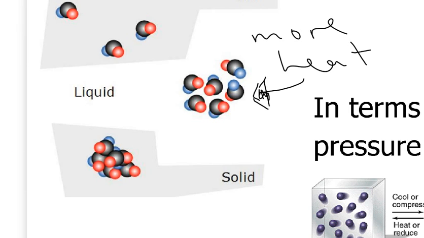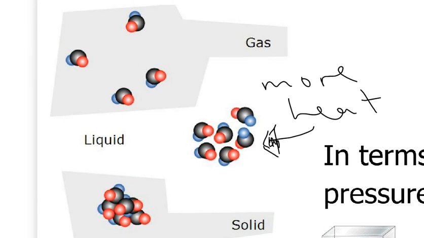So then, the question, if you've got a gas of the same molecule, what's happening there? And basically the answer is you've got even more heat. I'm just going to go ahead and write that in because it's fun. Even more heat.